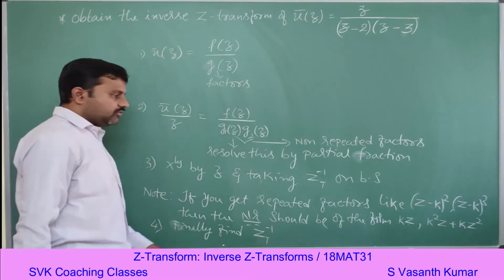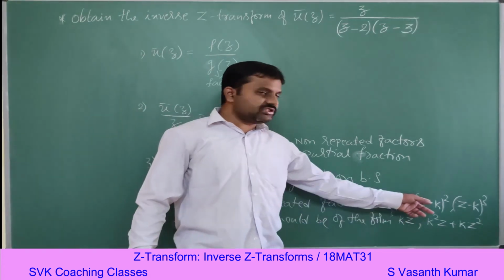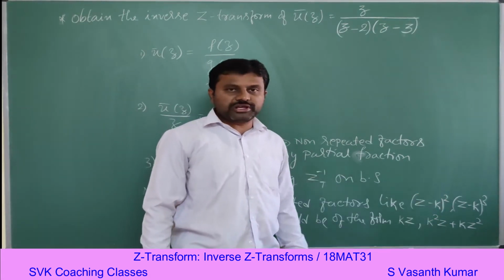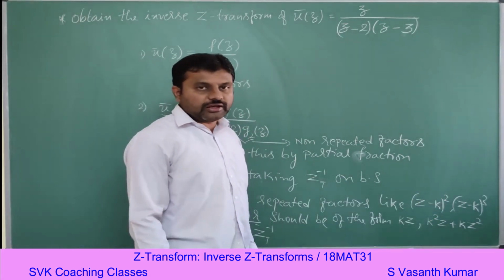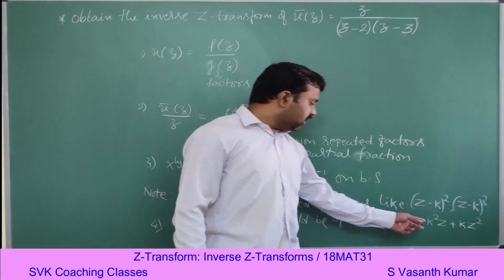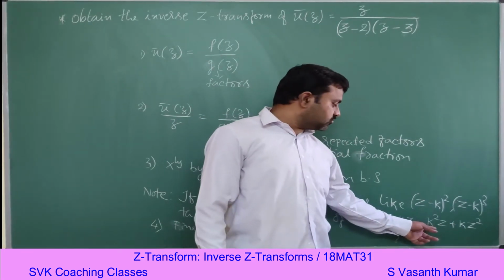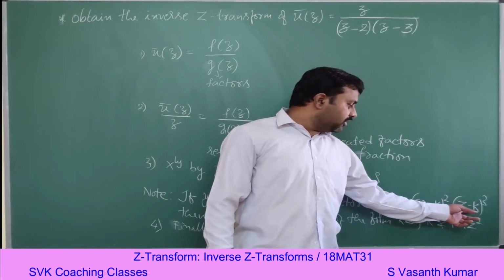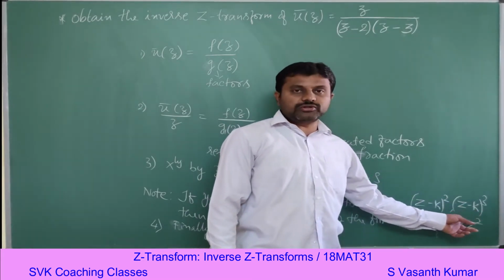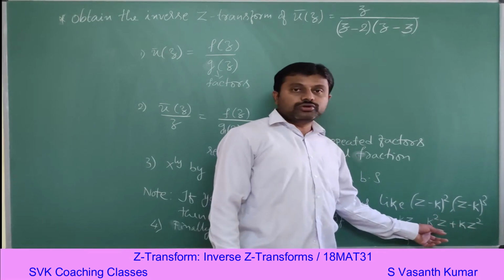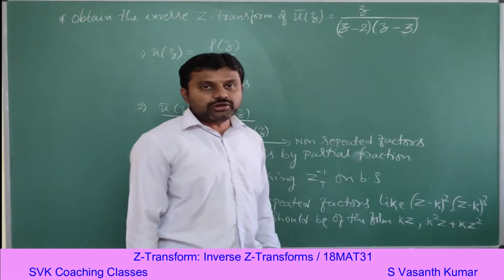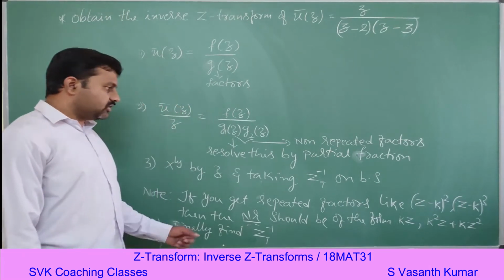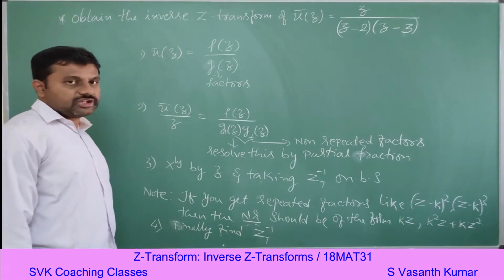ZT inverse of KZ by (Z minus K) whole square will be K power n into n. ZT inverse of (K square Z plus K Z square) divided by (Z minus K) whole cube will be K power n into n square. That is the value of the standard ZT inverse.